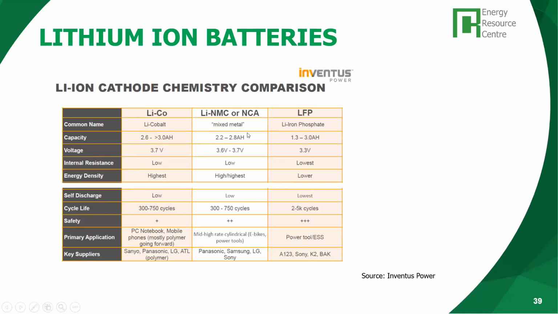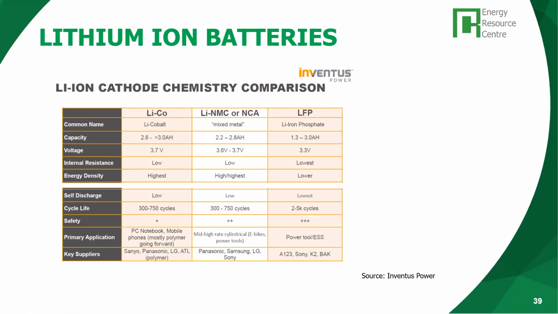The reality is that for solar applications, according to what our colleague from Inventus Power was recommending, the ferrophosphate batteries have the highest advantages, because they have the lowest internal resistance, and a very high cycle life, the highest of the lithium-ion families, between 2,000 and 5,000 cycles.